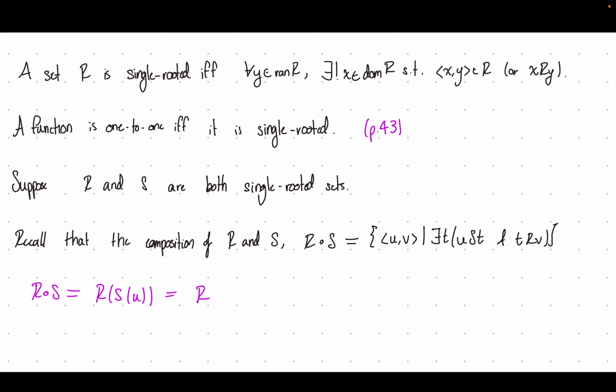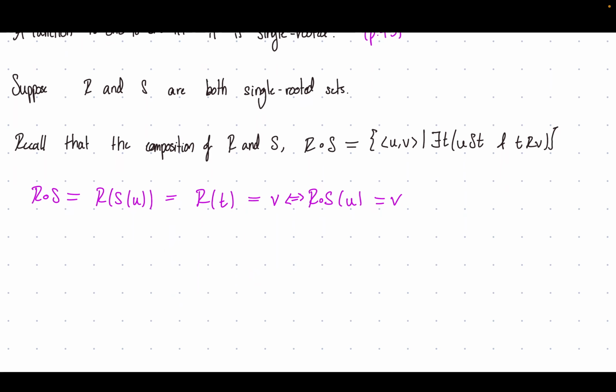Which should be equal to R of T, which should be equal to V. So this is equivalent to saying that R compose S of U is equal to V. Right? So there's some intermediate value such that this holds. That's what the formal definition is trying to say.